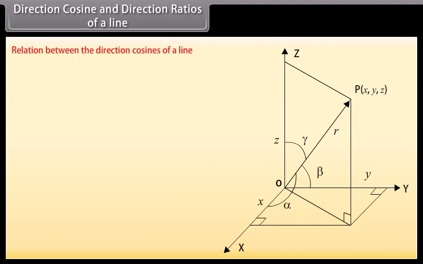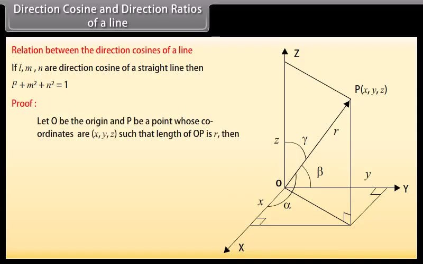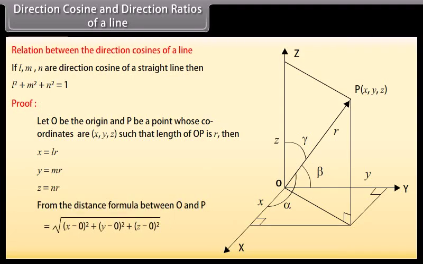Relation between the direction cosines of a line. If L, M, N are direction cosines of a straight line, then L square plus M square plus N square equals 1. Proof. Let O be the origin and P be a point whose coordinates are x, y, z such that length of OP is r, then x equals Lr, y equals Mr, z equals Nr. From the distance formula, OP equals square root of (x minus 0) square plus (y minus 0) square plus (z minus 0) square.